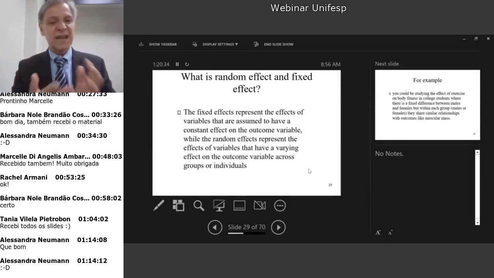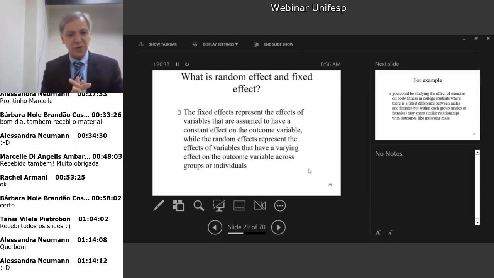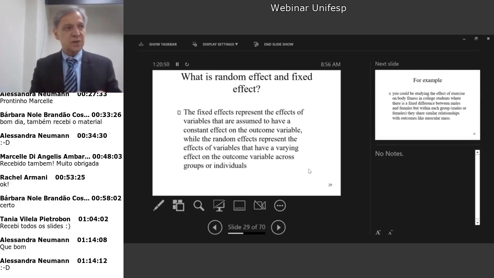So let's see if we can get to this statement here. Fixed effects represent effects of variables that are assumed to have a constant effect on the outcome variable, okay? Let's say you have an outcome variable that is a function of a treatment group and a non-treatment group, and you have an effect. But you know that this effect is modified by sex or gender, right?